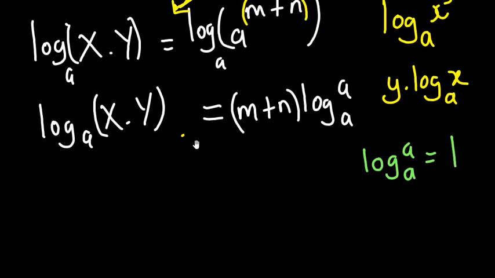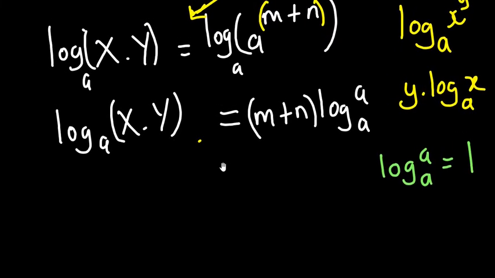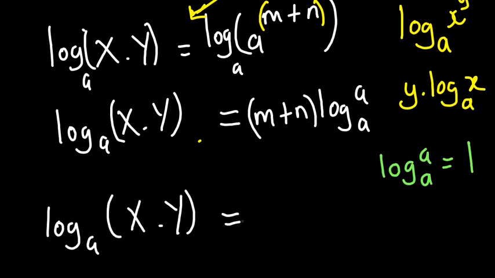So now we have log base a of xy is equal to m plus n, all in brackets, times 1, because this part becomes 1, as we have indicated with the identity rule.